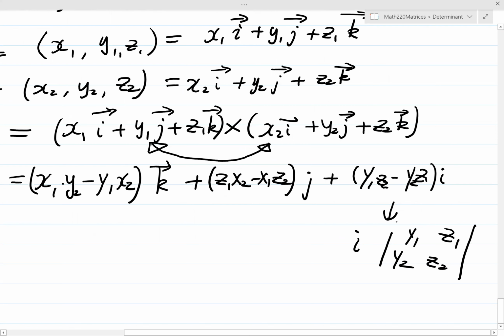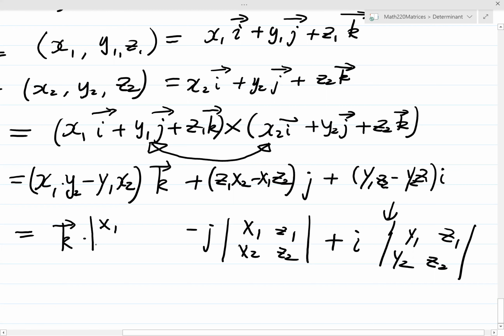We defined the two-dimensional determinant already. So this will be minus j here. The second term will be the determinant with x1, z1, x2, z2. Now this will be k times the determinant with x1, y1, x2, y2.